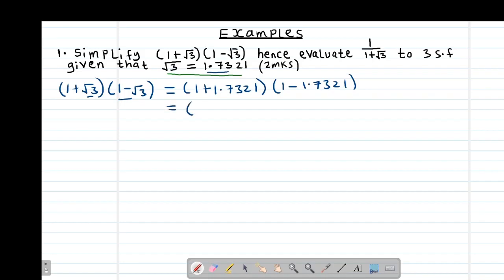So 1 plus 1.7321, I'm going to get 2.7321. Then I'll multiply with 1 minus 1.7321, which gives negative 0.7321.